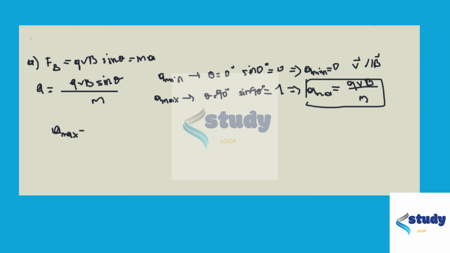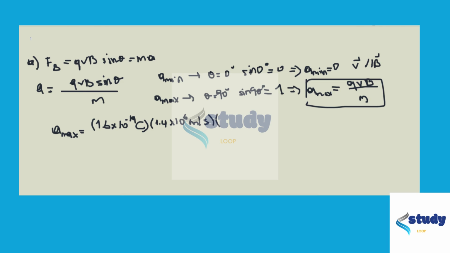So if we use this expression and plug in the numbers, we can find what the maximum acceleration is. The magnitude of the charge of an electron is 1.6 times 10 to the power of negative 19 coulombs. And then we have the speed, 1.4 times 10 to the power of 6 meters per second.